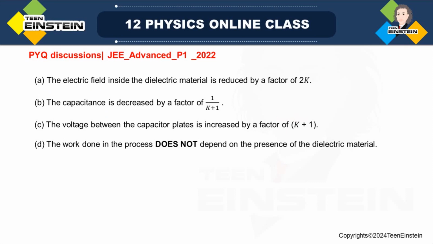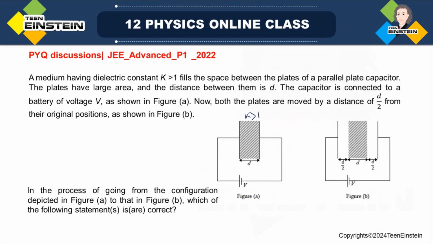The first option says the electric field inside the dielectric material is reduced by a factor of 2K. So first of all, what is the electric field in this first configuration? If I write the electric field, say this is EA, that can be written as sigma by K epsilon naught.